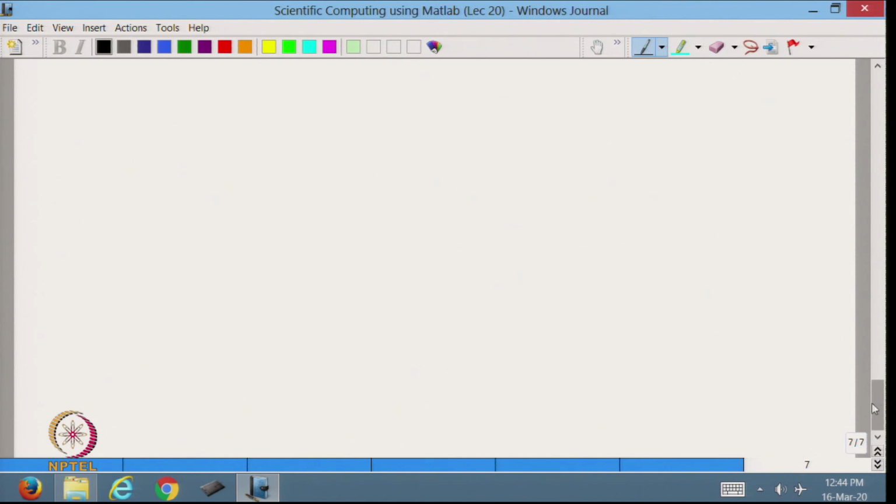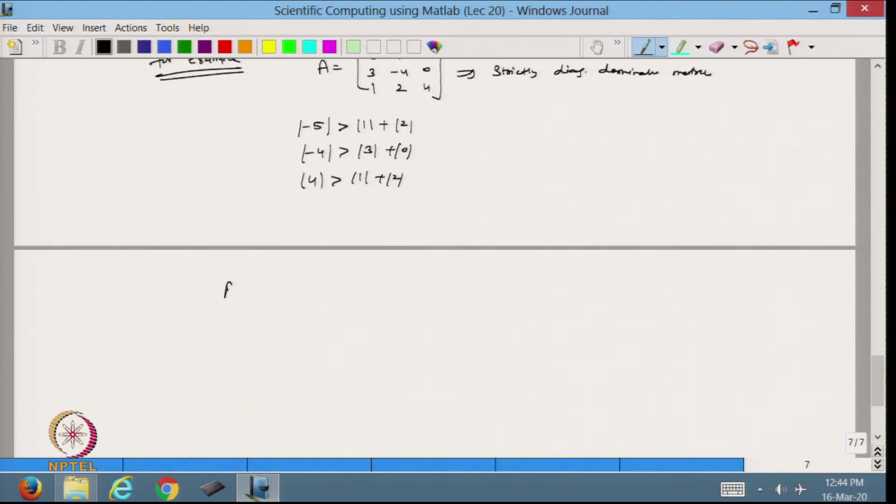Or maybe I can take another example like 5, 2, 3 and maybe 4, 6, 2 and 2, 2, 3, minus 3, suppose I am taking minus 2, this I am taking. So, in the first one, 5, because we always go for these pivots, the diagonal elements.